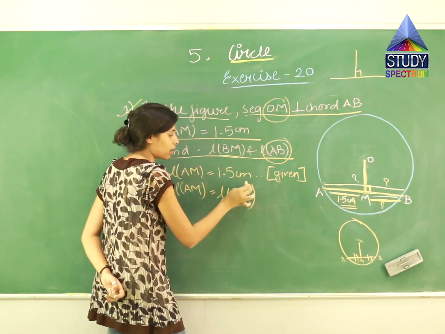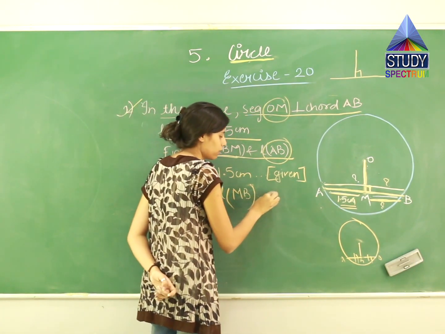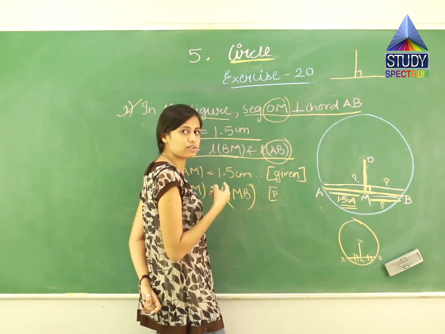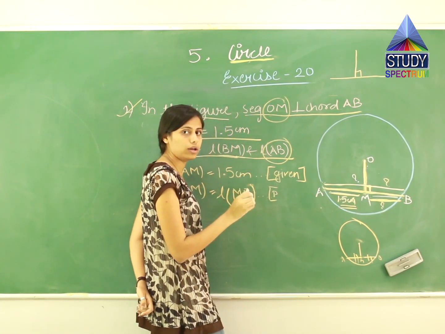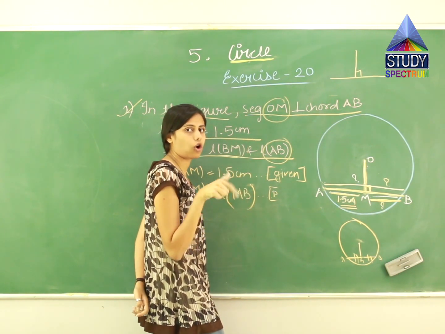But why are you writing this? You have to write the reason. So the reason is what? The first property which we have studied: perpendicular drawn from the center of the circle to a chord bisects the chord equally.